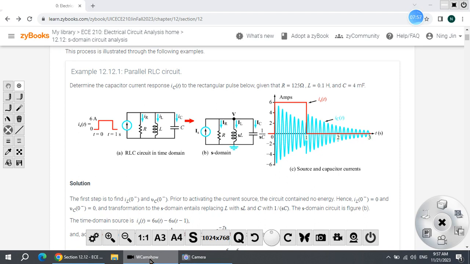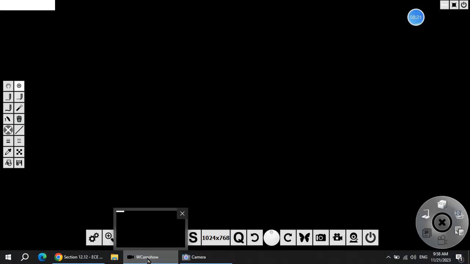Oh, this is really slow. Maybe some virus in my computer. Yesterday it was still fine. No, this camera, the document camera. Oh. Yeah, something is wrong, I don't know.